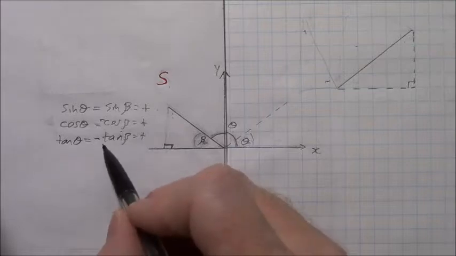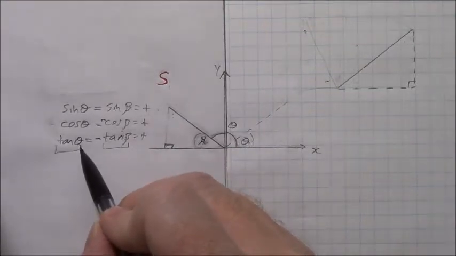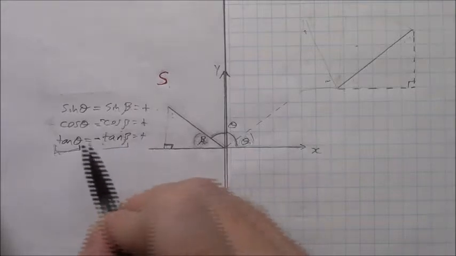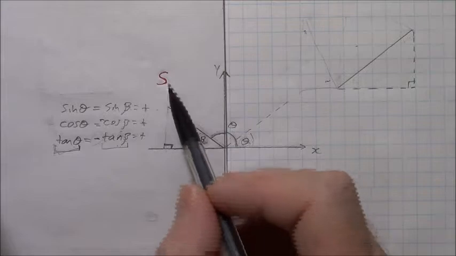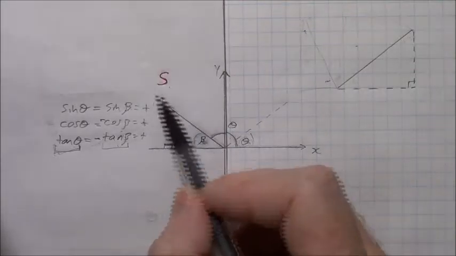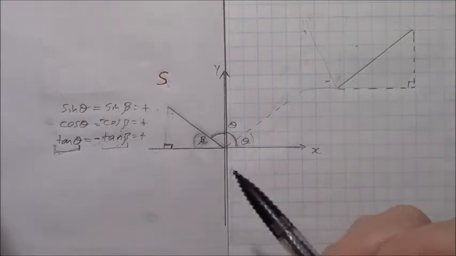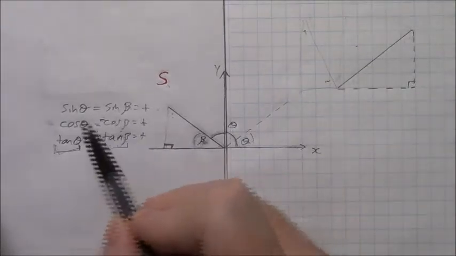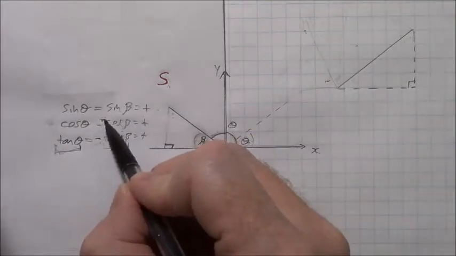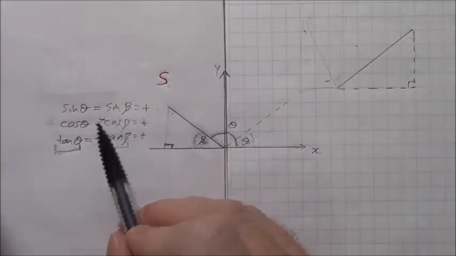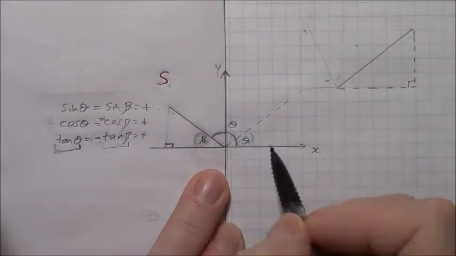The actual values, the absolute value of these, are going to be the same, but because of the CAST rule, we're going to stick on the negative because the second quadrant is where only sine is positive, therefore cosine and tangent are both negative. So they're both going to have the same numerical value, but we stick on the negative to indicate that this angle theta is not in the first quadrant.